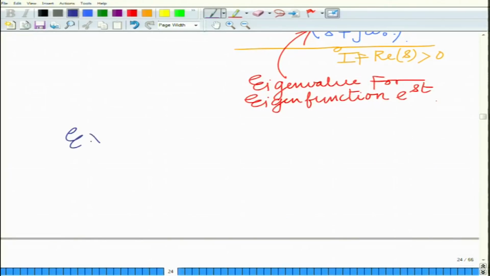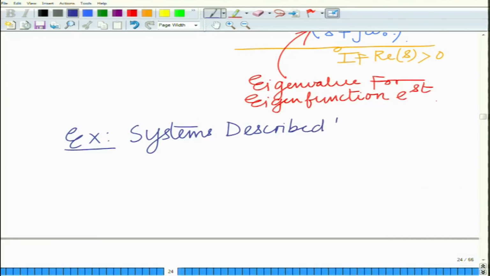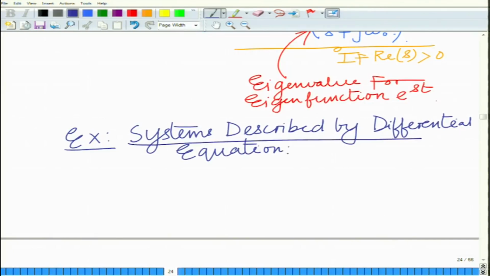to determine the differential equation describing a system, that is, systems described by a differential equation.